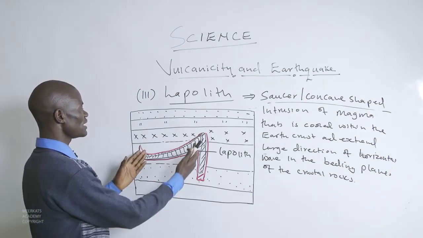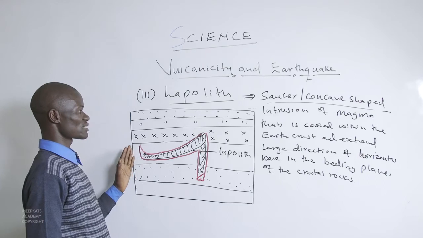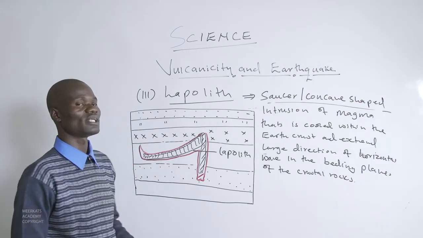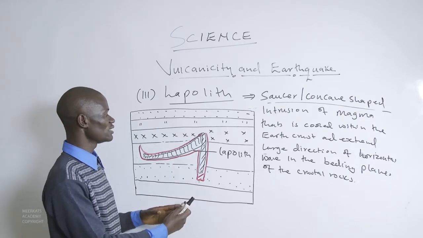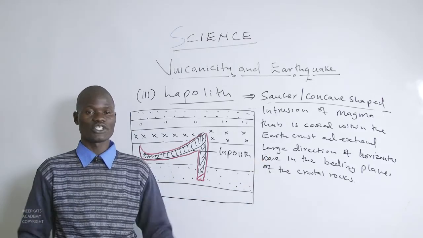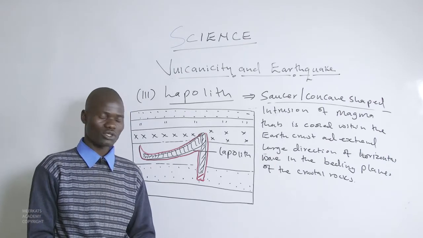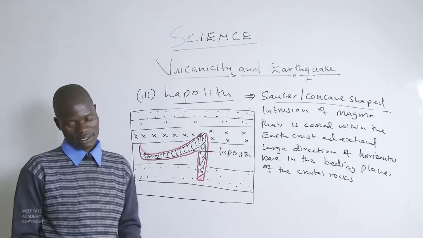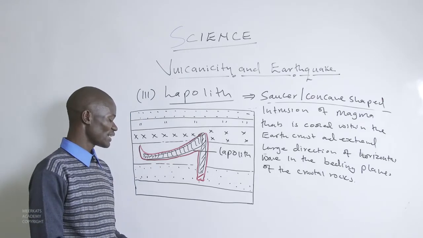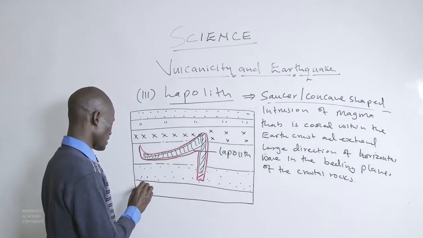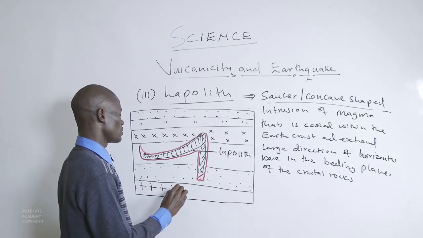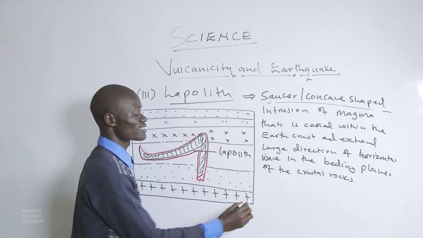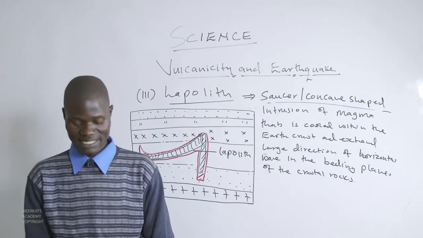And it may extend when it takes a horizontal direction. It may extend up to a large wave leading to a huge saucer-shaped intrusion of magma that we refer to as a Laccolith. This is how it looks like. In the process, it looks like this, and therefore this is how its diagram indicates.